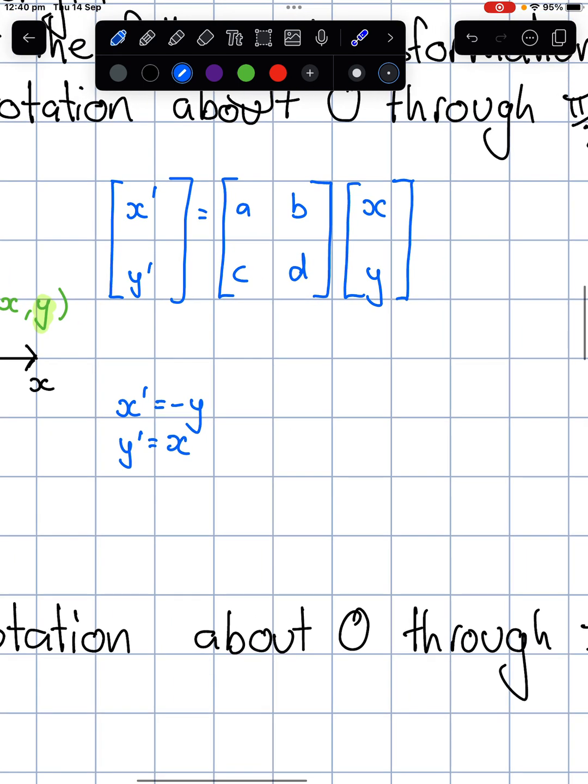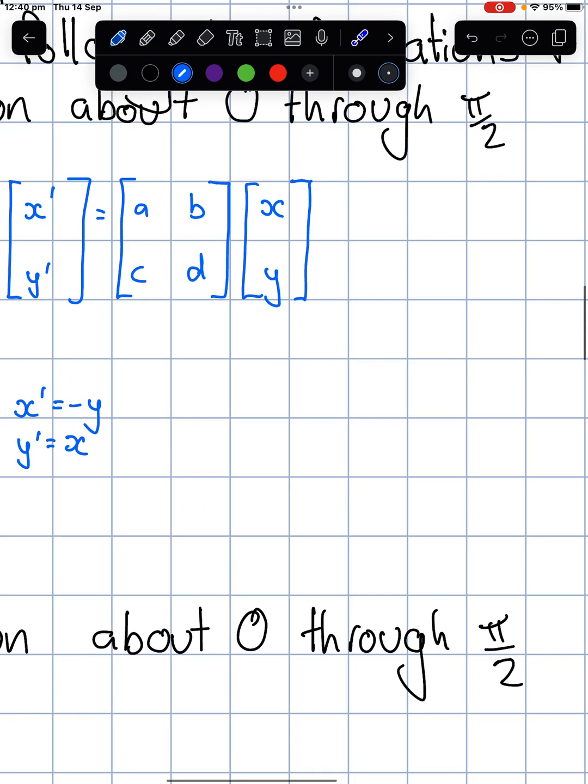So if we think about this transformation matrix A, because there's no x value in this top equation, a has to be 0, and then b has to be negative 1. So we get 0 and negative 1. In the next row we've got a positive x value, so positive 1 and then 0.